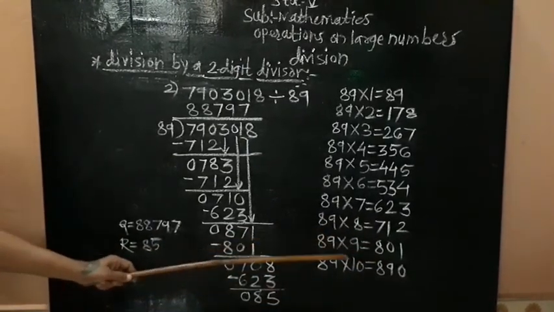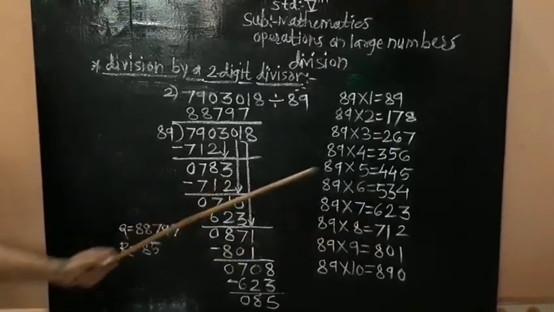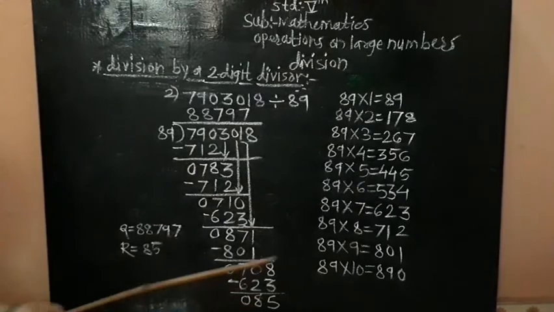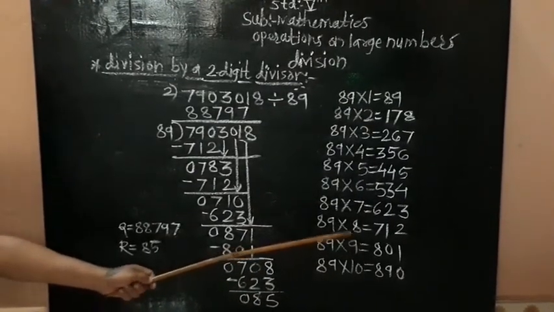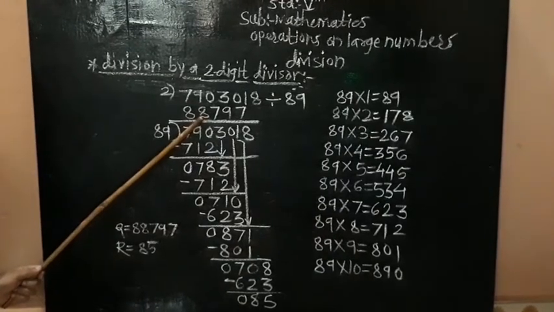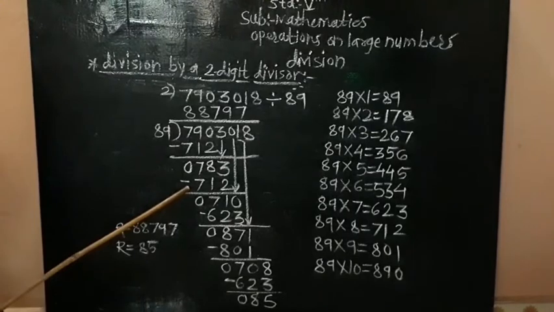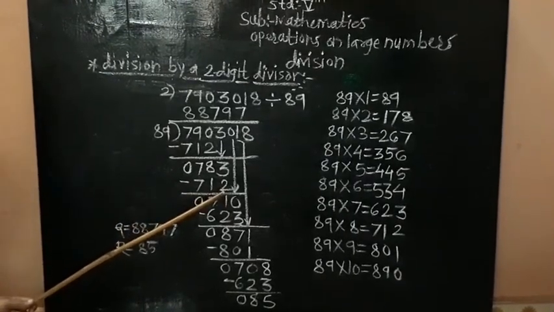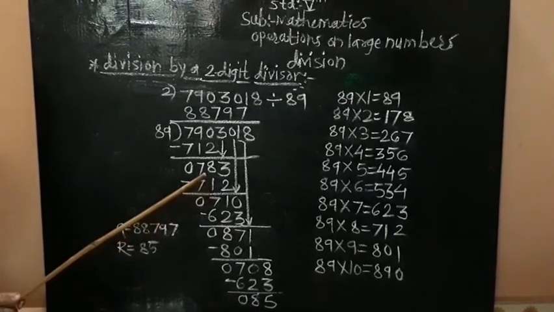Again 712 is the nearer to 783 in 89's table. So again we get a quotient 8, and I write here 8 in the quotient place. Again 783 minus 712.